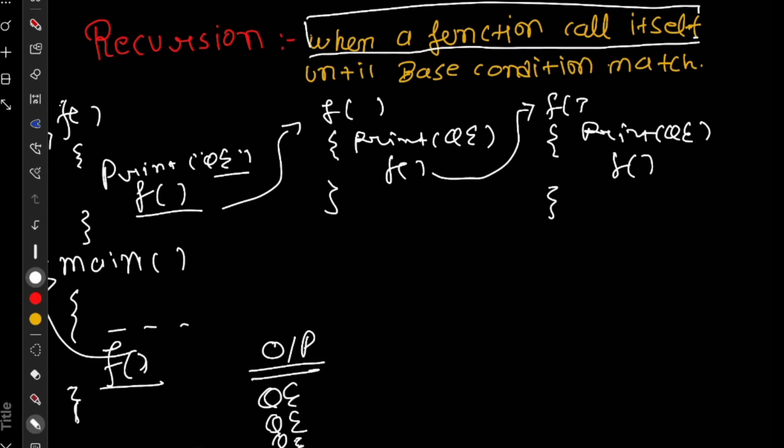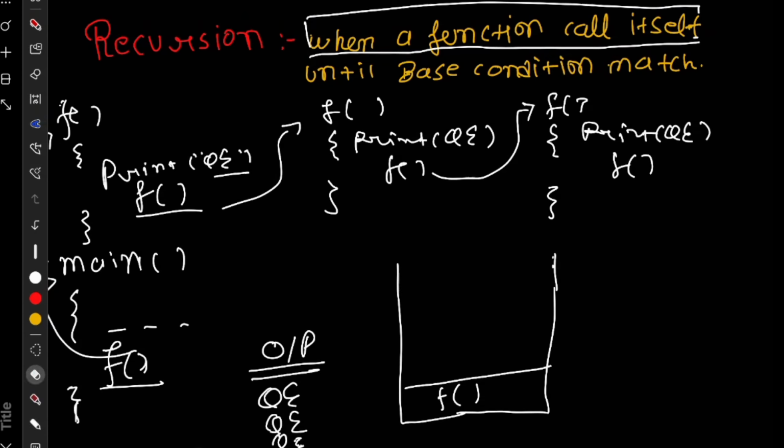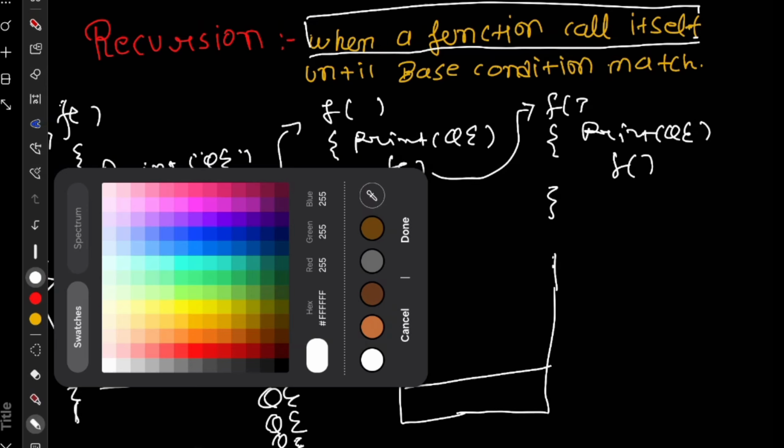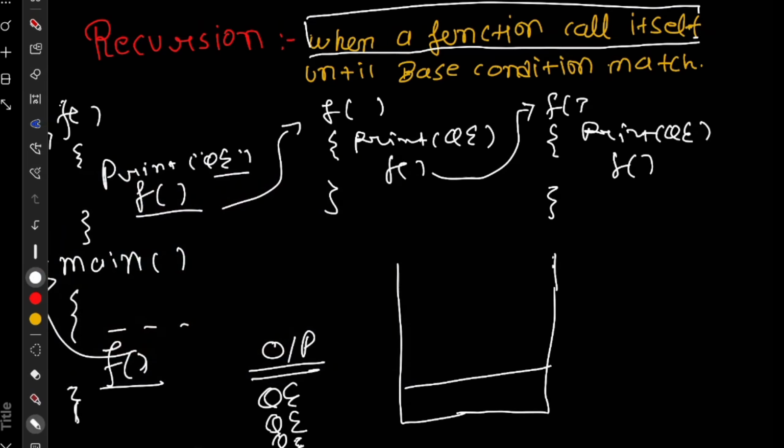Understand the behavior of the function by the stack, how it works in memory. In memory we have a stack. Usually when a function is called, it is stored in the stack, and when it completes its task, meaning after it returns something, the function is removed from the stack. But in this case, the function never completes because it has no return statement.